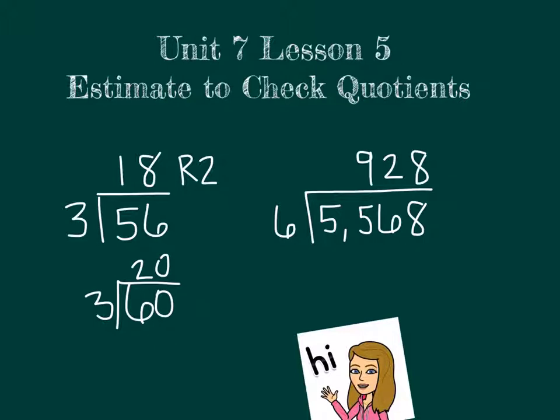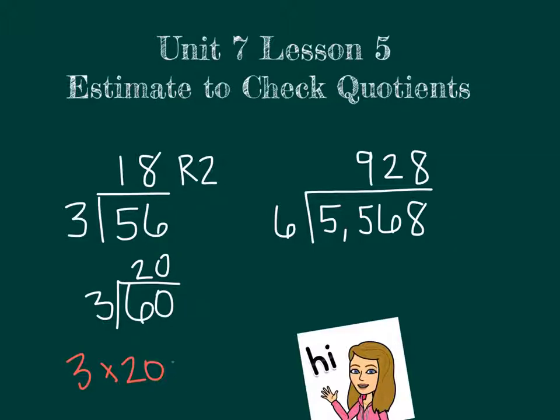The other way you could check this is by rounding the quotient to 20 and then looking at, okay, well, what's the answer if I take 3 times 20? Now, I rounded to 20 because the 8 would bump the 1 up to a 2, and that would become the number 20.